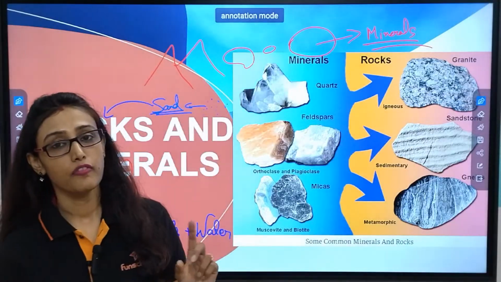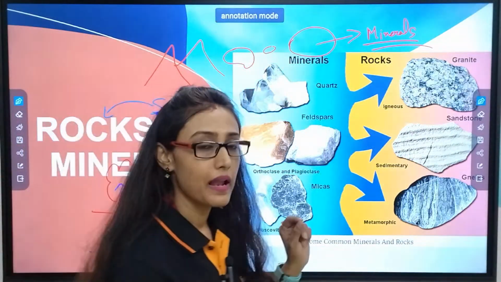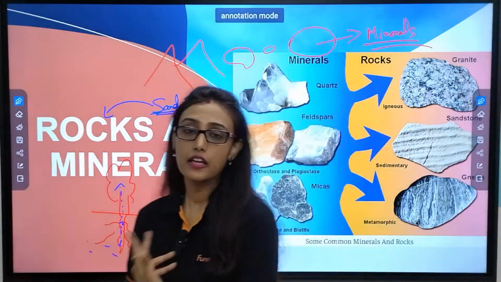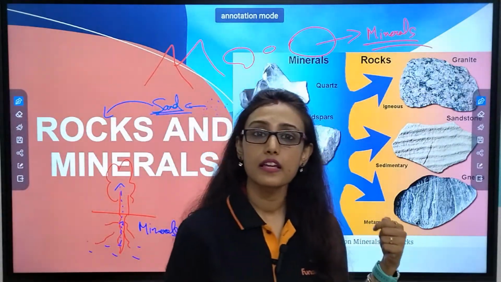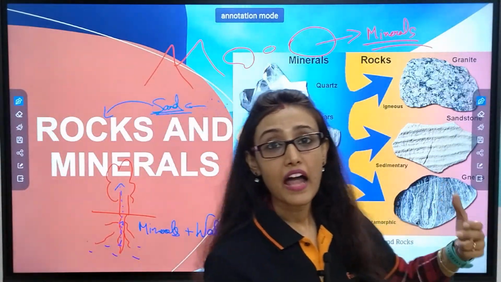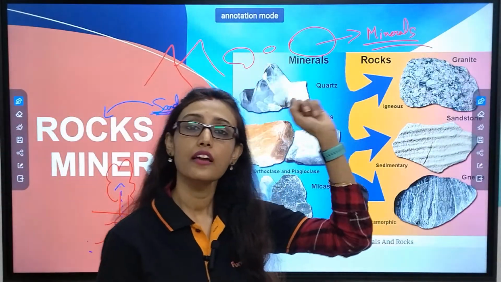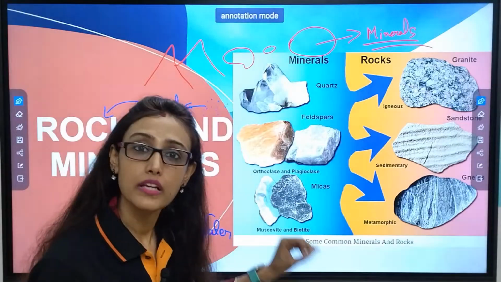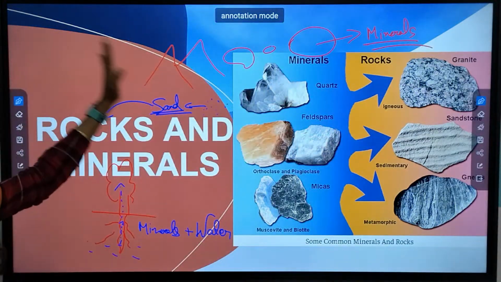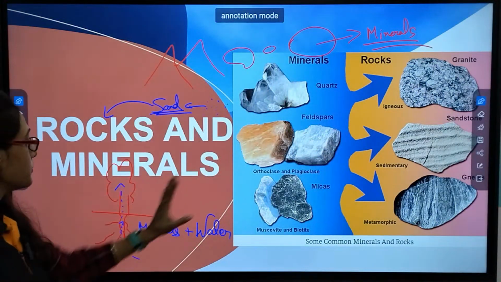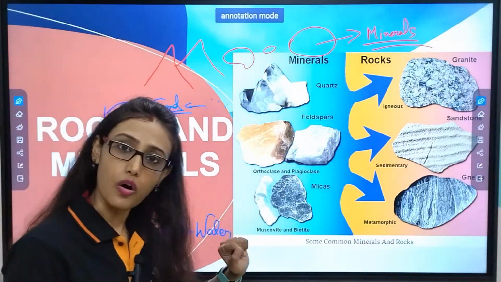Again, minerals can be of plant origin or animal origin. In animals, the best source for calcium, for iodine, what we eat, we take salt that is already formed from rock only. So that is how this cycle of rock to mineral, mineral to rock occurs.